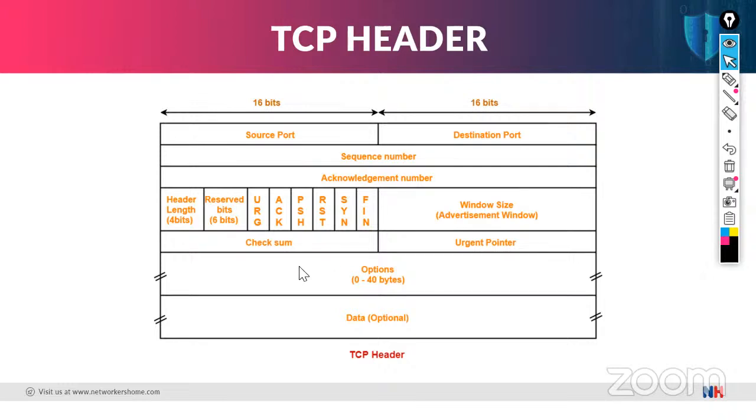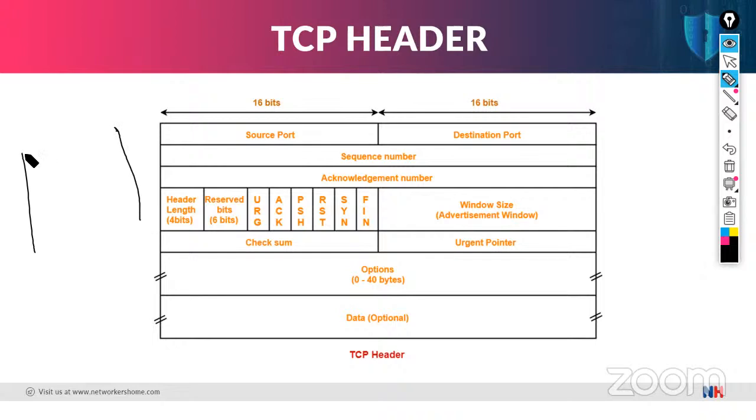Okay, so let us come over here. Let me show you one thing, guys. Consider you are trying to establish a TCP connection. That means you have a sender and a receiver, a client and a server.